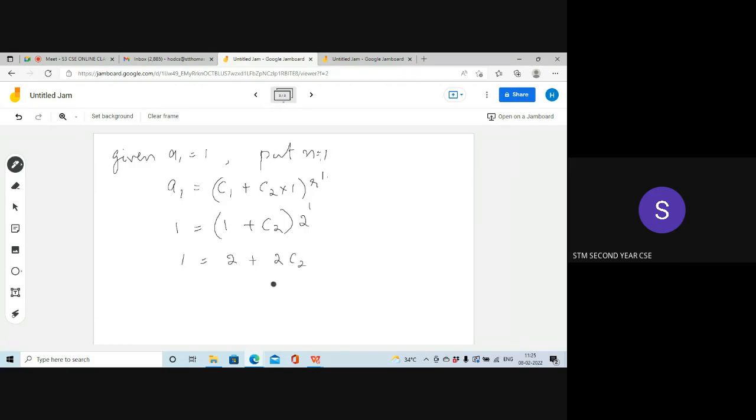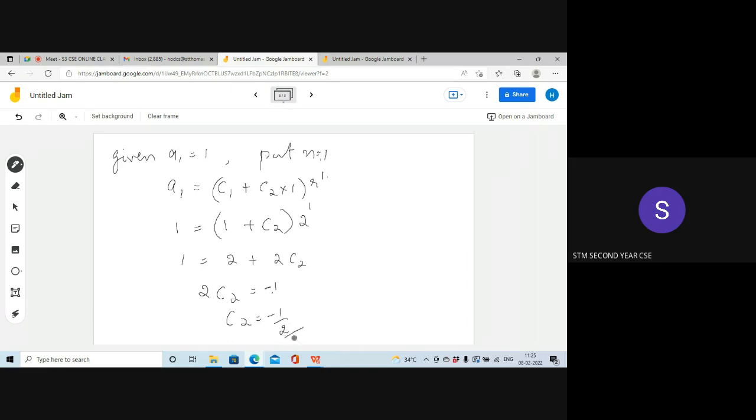What is C2? 2C2 is equal to minus 1, isn't it? 1 minus this 2 goes to the other side, it becomes minus 1. So C2 is equal to minus 1 by 2.